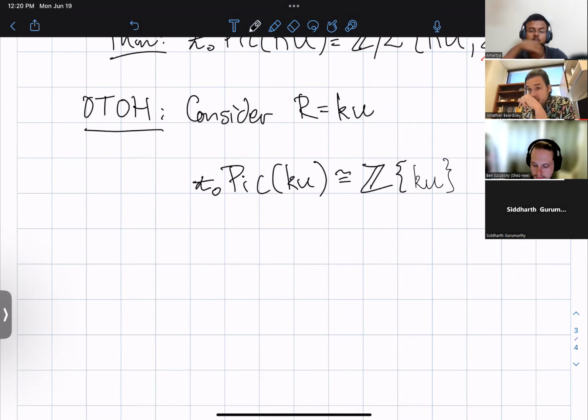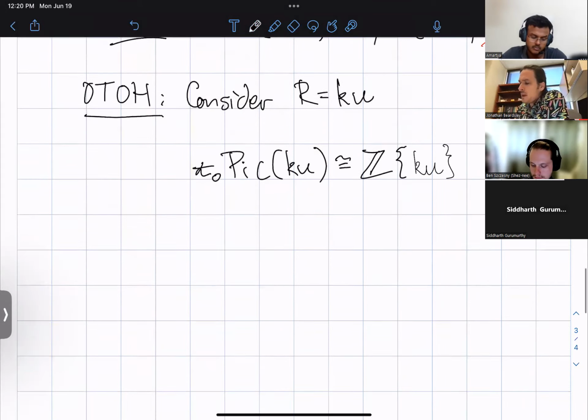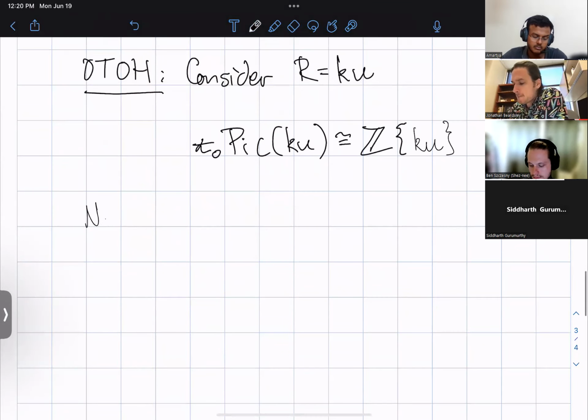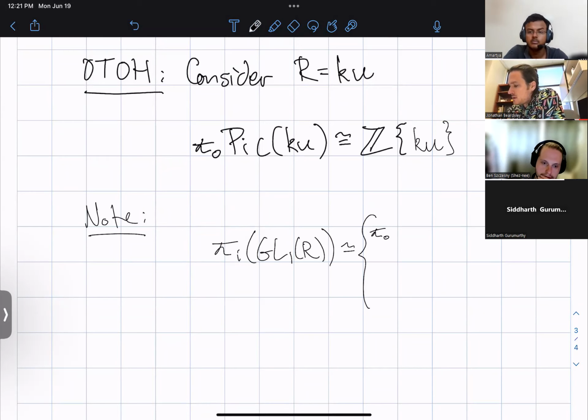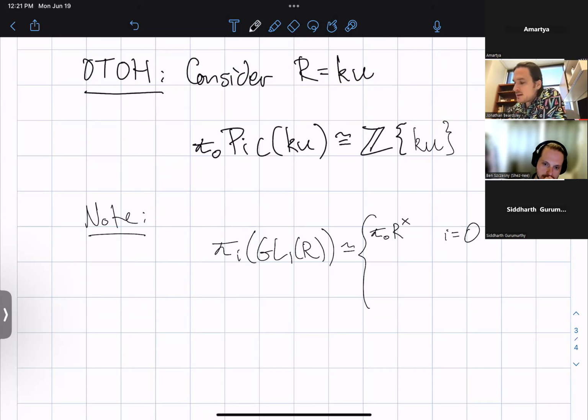So quite a few computations have been done to understand these things. Maybe one quick thing to mention is that because of the way it's constructed, pi I of this GL1 R is pi 0 of R cross, so the units in pi 0 of R, when I is equal to 0.